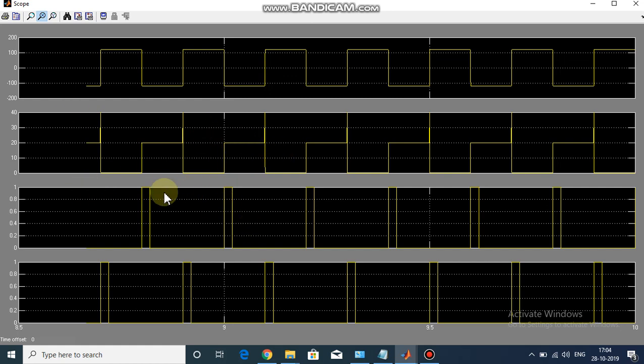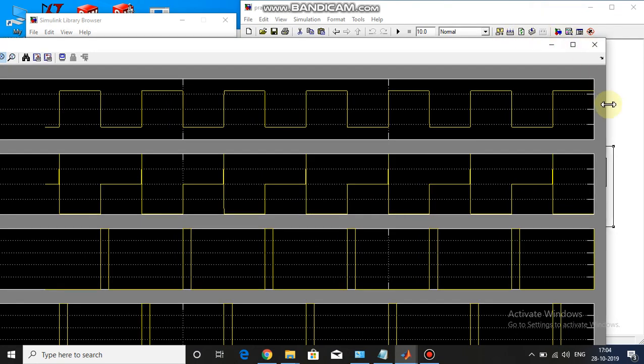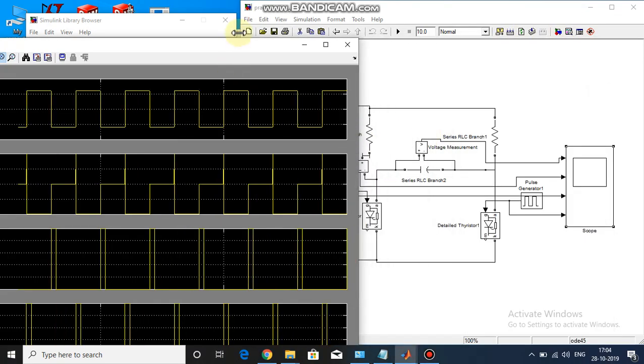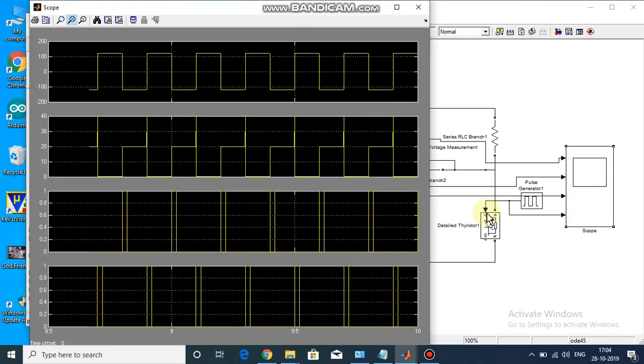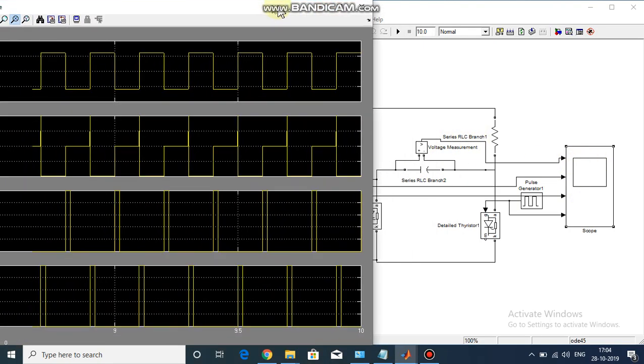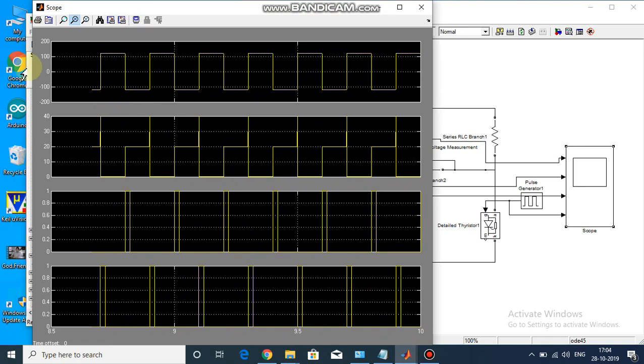So here, we have to keep our circuit diagram next to us when we are evaluating. The first is the capacitor voltage. Observe that the capacitor voltage is going from negative 120 volts to positive 120 volts.